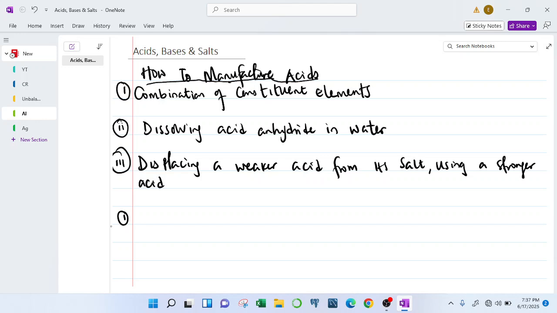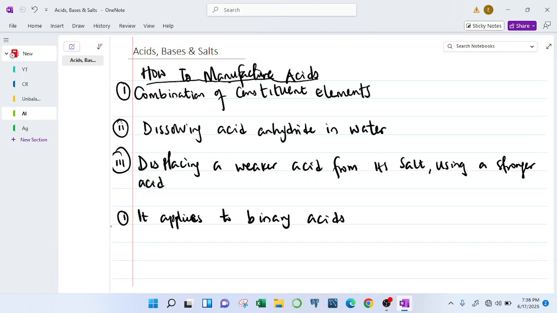But what you have to take note is that it applies to binary acids. From the word binary, in mathematics, binary means base 2. So when you say binary, it means 2. When I talk about constituent elements, it means that the acid has 2 constituents.